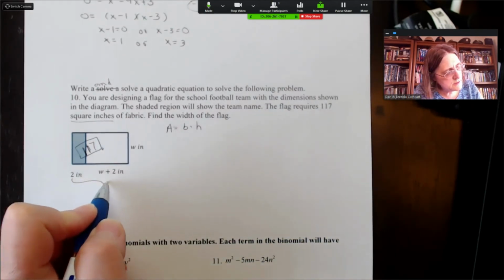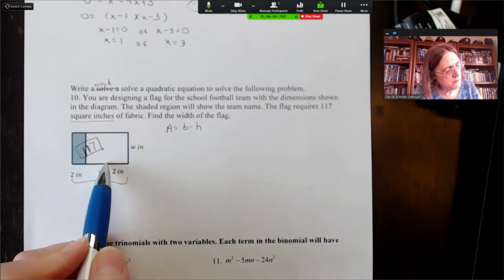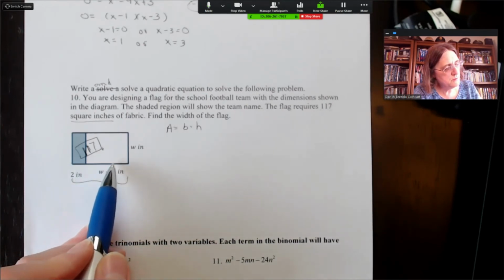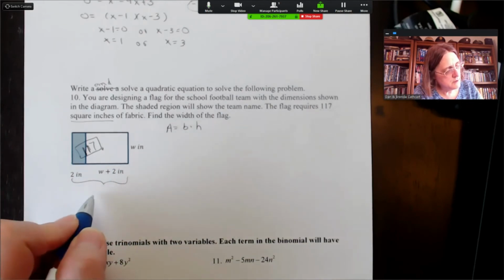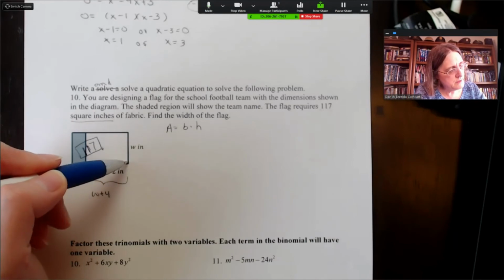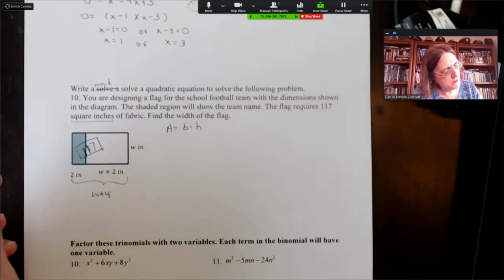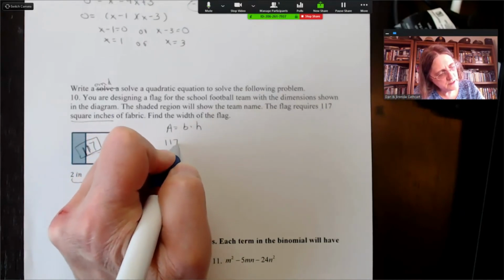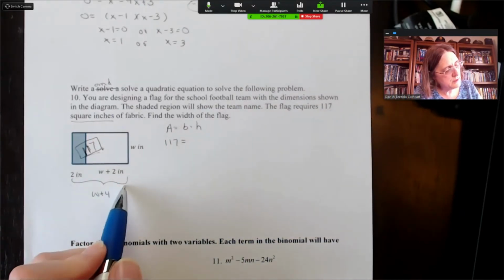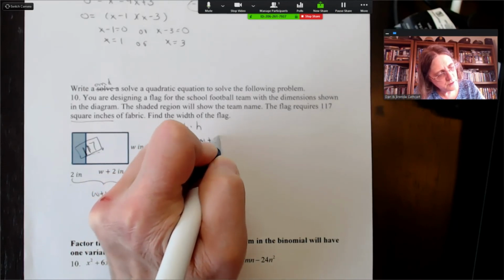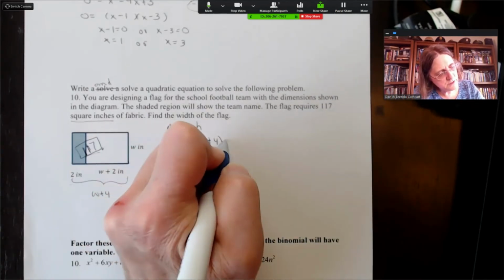The base is this entire distance all the way across, which is a distance of 2 plus W plus 2. That adds up to W plus 4. And our height is W. So the area, which we know is 117, is equal to our base, which is W plus 4, and our height, which is W.